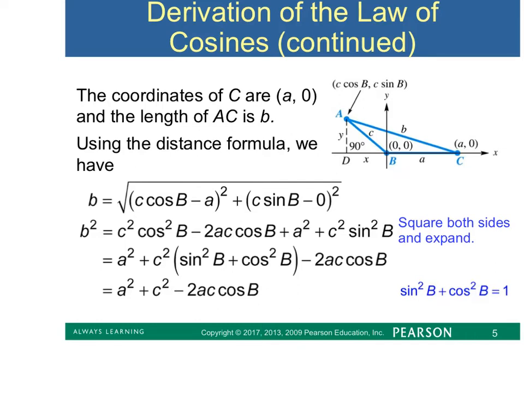If this is my ordered pair, this would be the y value, and this would be the x value. And this c, of course, is the hypotenuse.